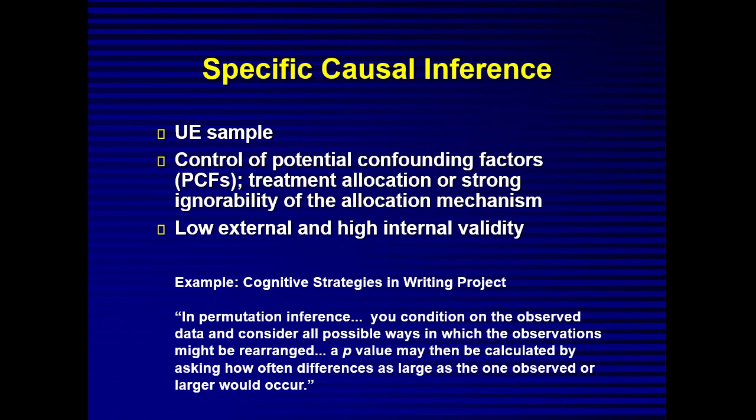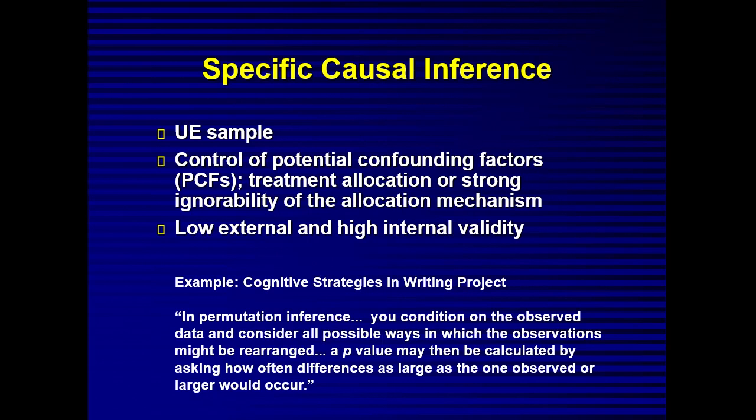Of course, the strongest method of control, the gold standard in experimentation, is random assignment. But Draper doesn't want us to just think about random assignment. He wants us to think about the reason we do random assignment. It's to control potential confounding factors.